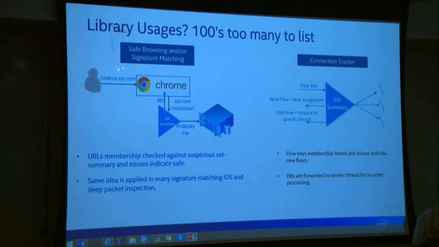And because this is a runtime problem, the least loaded core keeps changing. So I want to know whether a flow is new or not. If I have a SetSummary that is summarizing all the flows that I have seen so far, a new flow will be marked very fast. So a new flow comes in, I know it is a new flow, I will send it at runtime to the least loaded core.